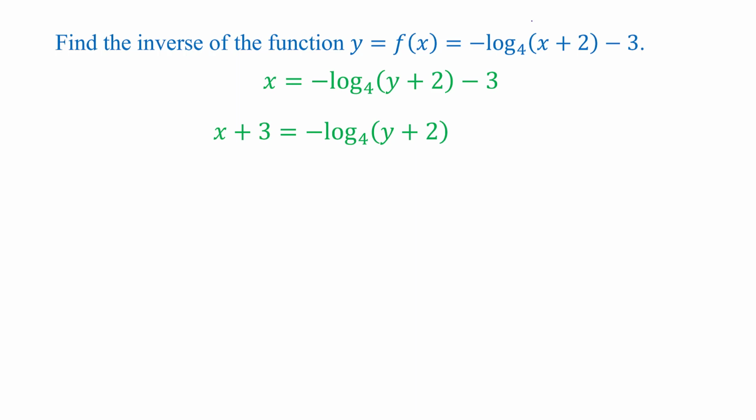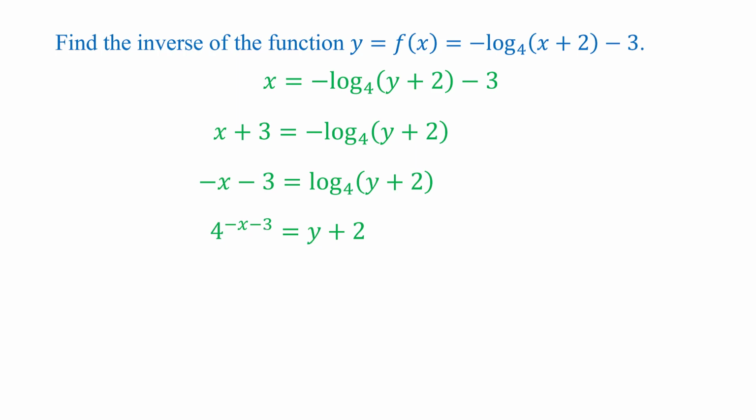I will multiply both sides of the equation by -1 to get negative x minus 3 equals log to the base 4 of (y plus 2). And now the next step here would be to change into exponential form. So 4 raised to the power of (negative x minus 3) is equal to y plus 2.